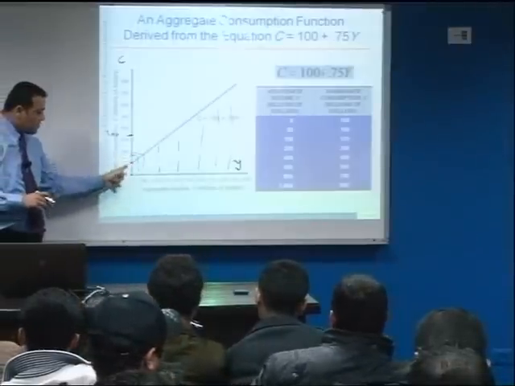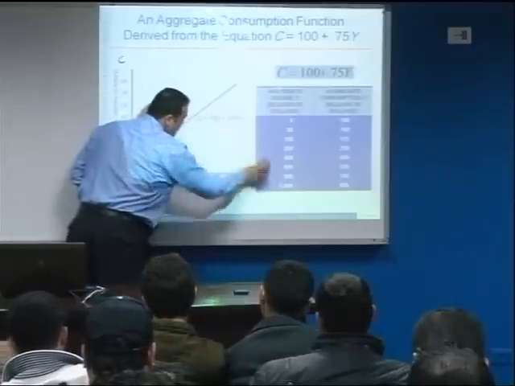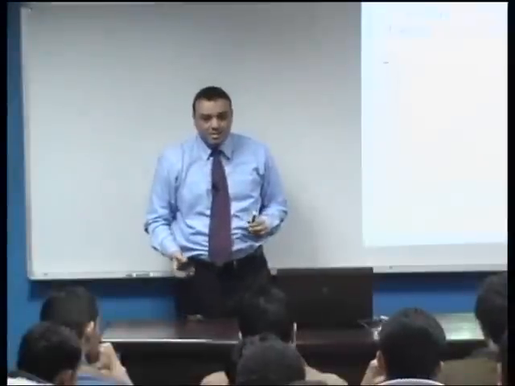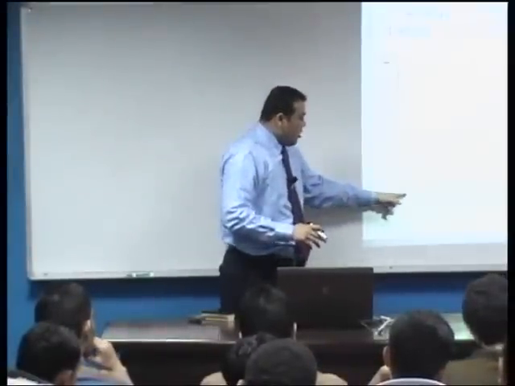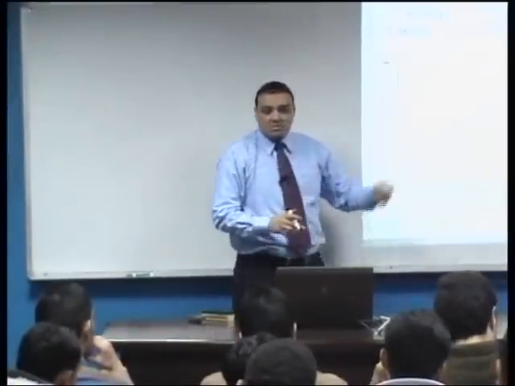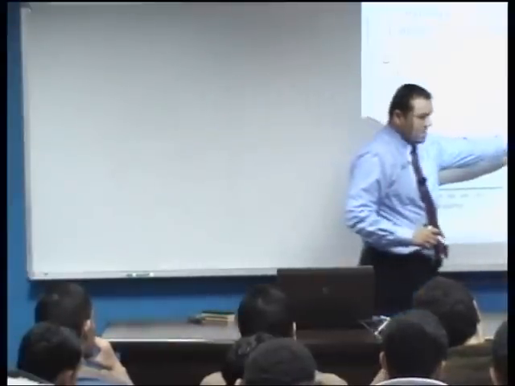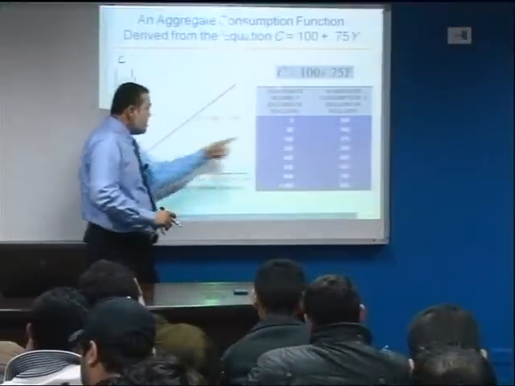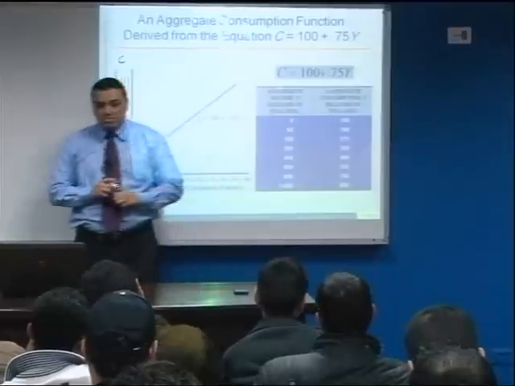And this is the intercept. What is it? It's A, because it's the value of consumption when Y equals 0. In this example, 100 here is the value of consumption when income equals 0.